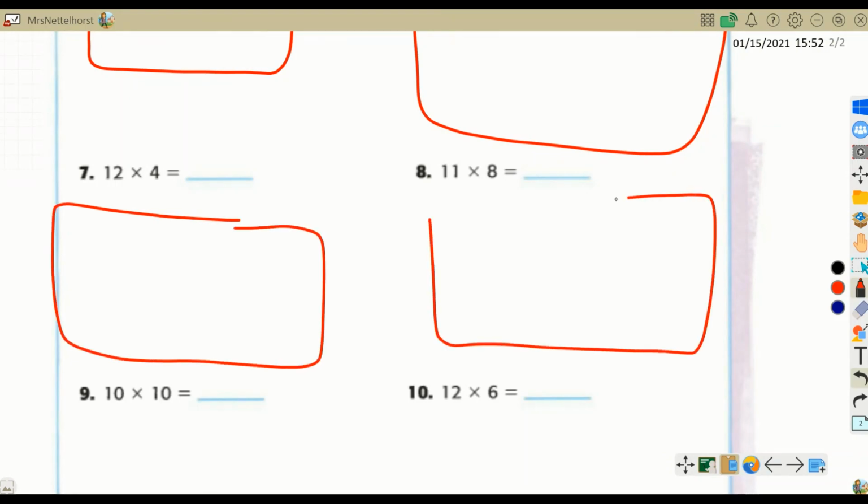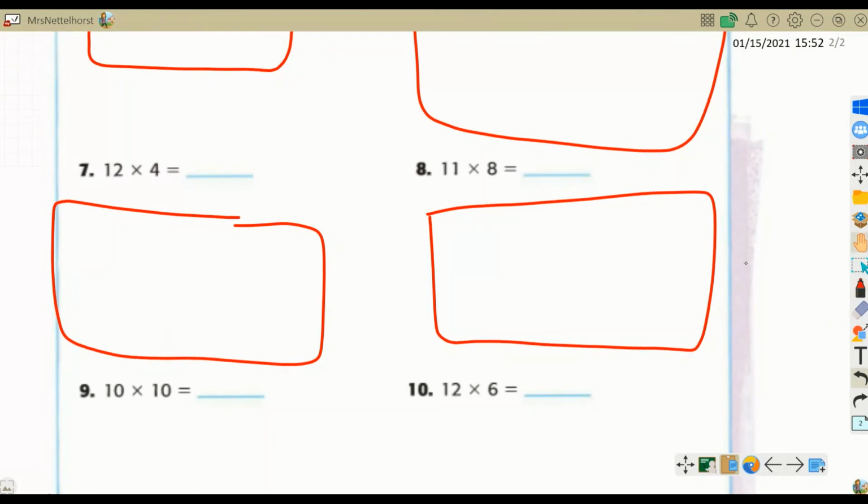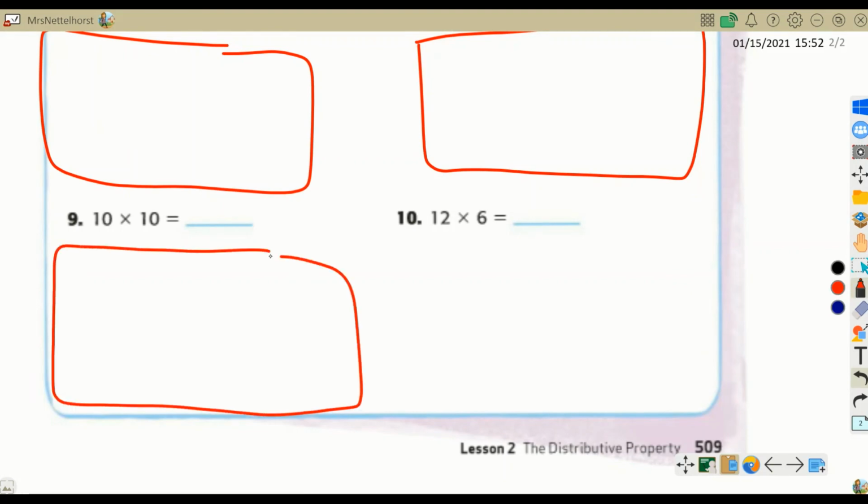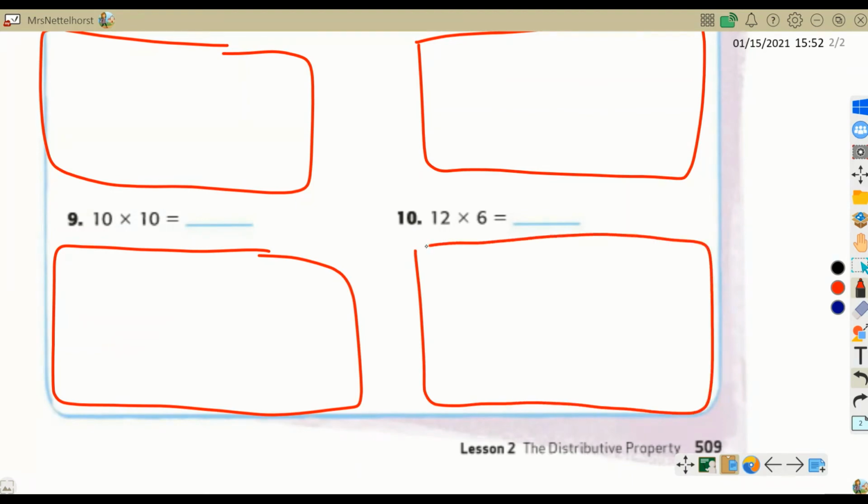You need to show how you decompose the array as well, not just draw the array, okay? Because this is slightly more than just drawing arrays. So make sure you show how the array is decomposed. You have to do that for 9 and 10. You do not have to draw the rectangles. If you want to draw a line down the middle of your page and across to help keep it neat and orderly, that's fine, but you don't have to draw the rectangles.